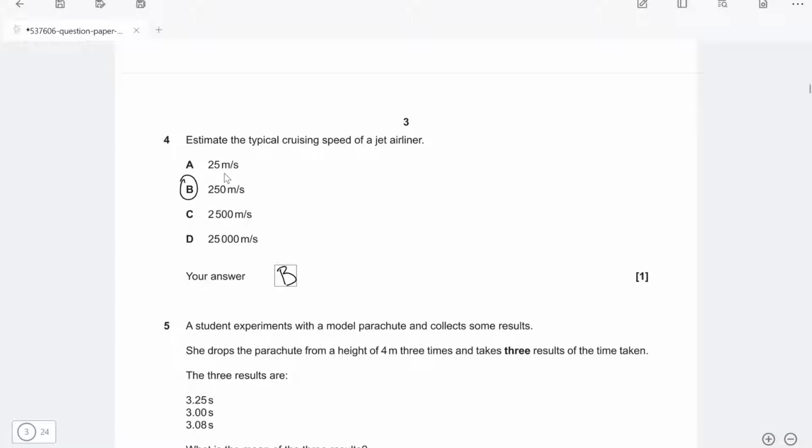So that's probably similar to a racing car. So something above that will be 250 meters per second. B will be the correct answer. 2,500 is way too high, and 25,000 is once again incredibly high. In fact, if something was moving at that high of a speed, it would be leaving the Earth's gravitational field.